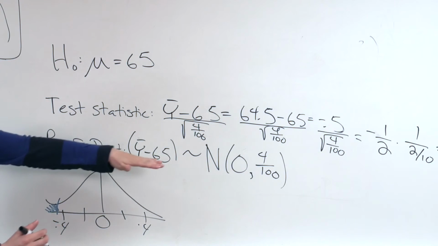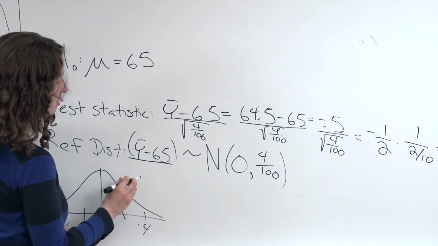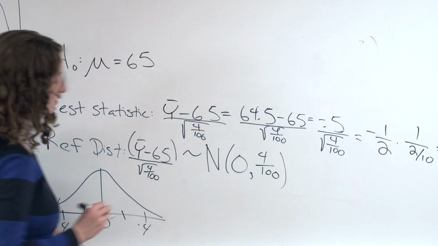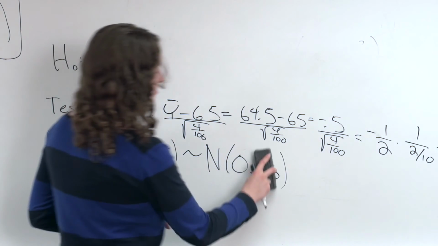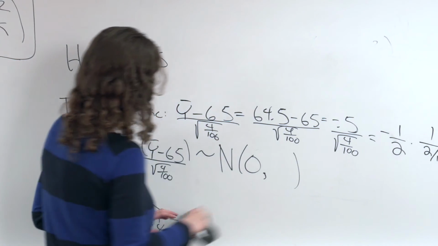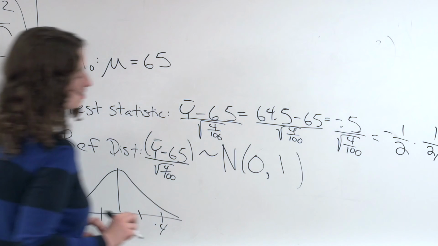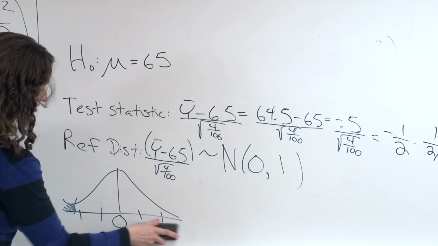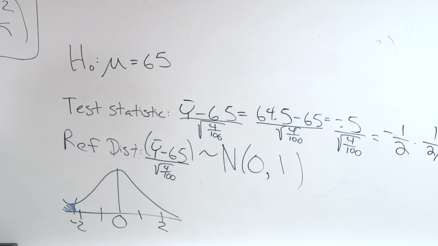If I divide this quantity by the square root of 4 over 100, then that's the same as comparing this quantity to a standard normal distribution. So I can keep this picture, but now we have a negative 2 and a 2.